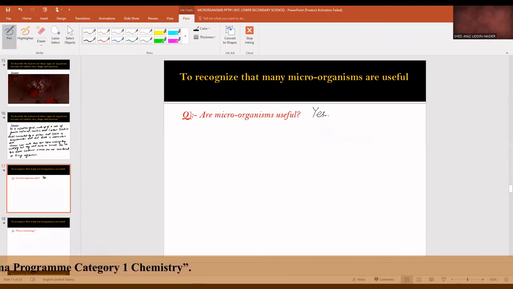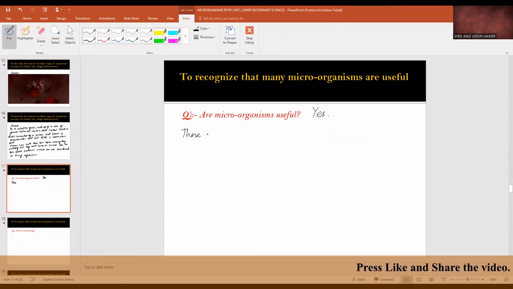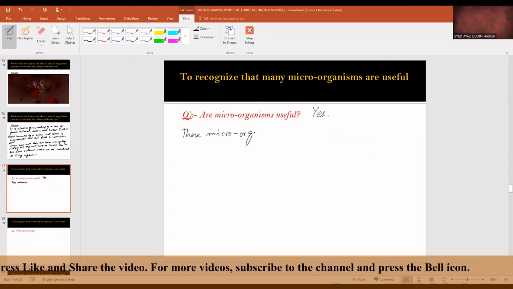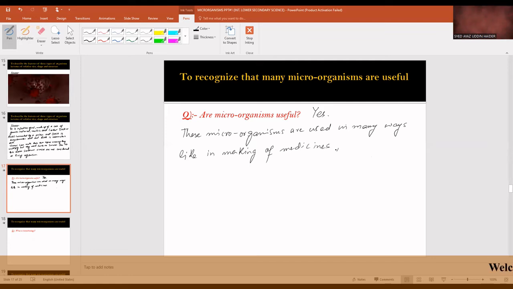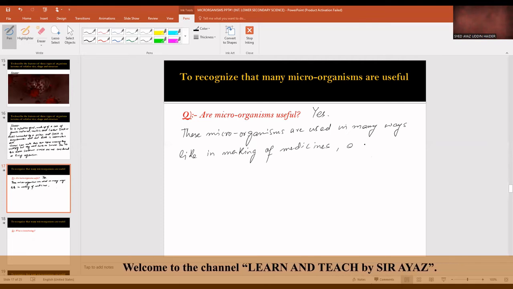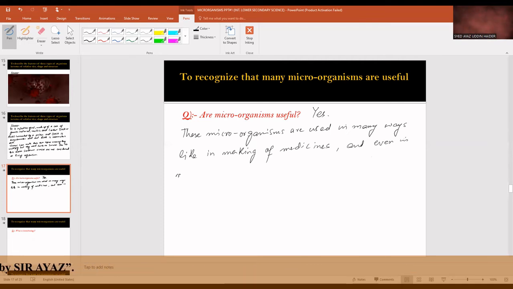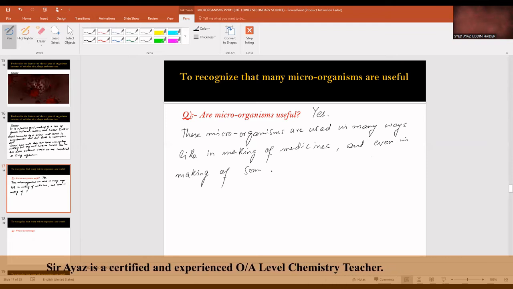These microorganisms are used in many ways, like in making of medicines, and even in making of some food.